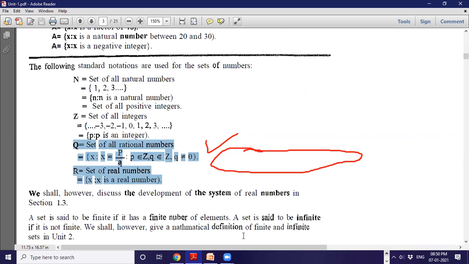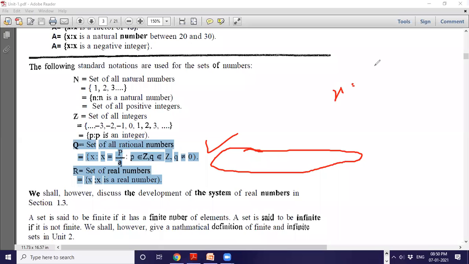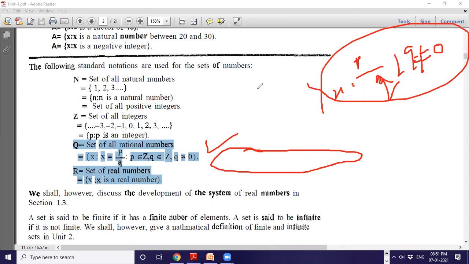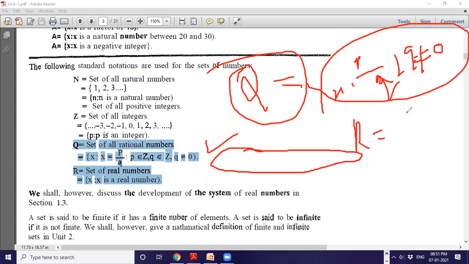You know, set of rational numbers means every element which can be represented in the form of P by Q, but one condition is there that Q should not be equal to 0. ठीक है, ये हो गया आपका, this is Q, that is set of rational number. Then set of real numbers means all numbers except the imaginary numbers.